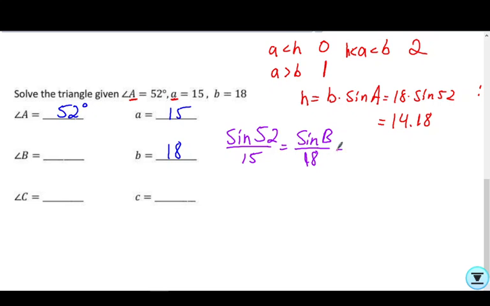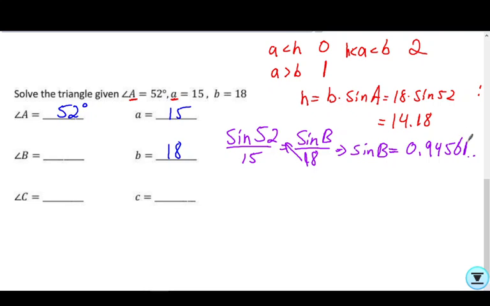So we cross multiply to find sine B. Sine B is 18 times sine 52 divided by 15. When you plug that in your calculator, you get 0.94561 something.